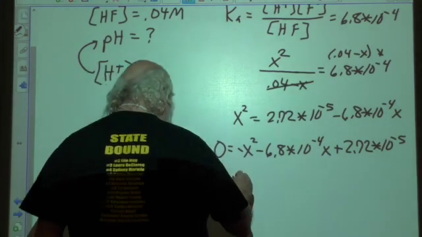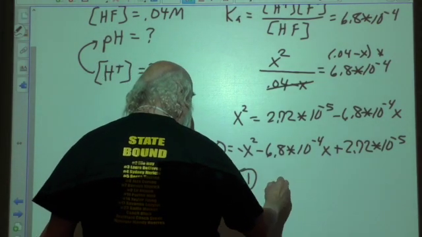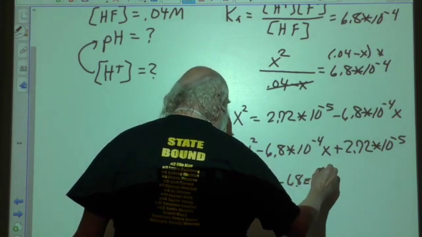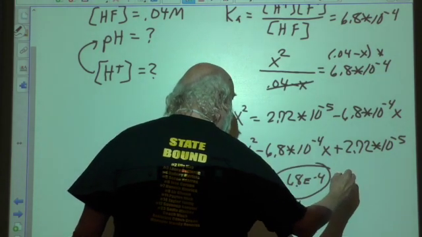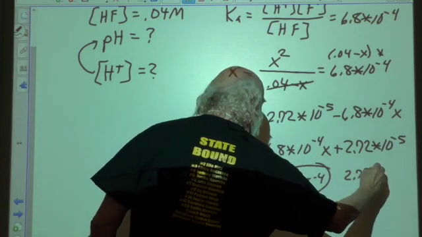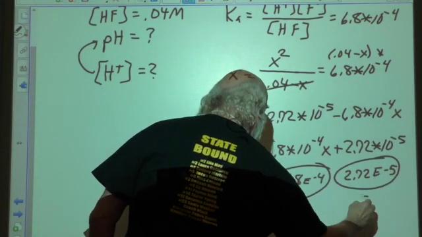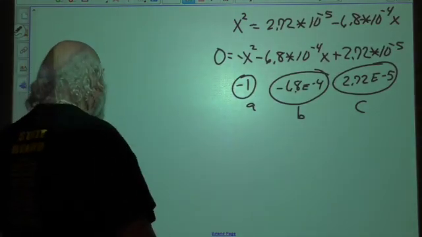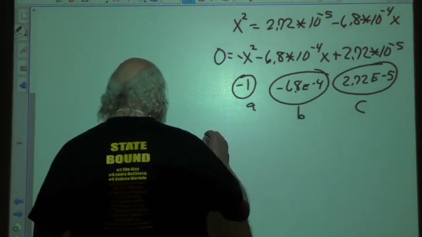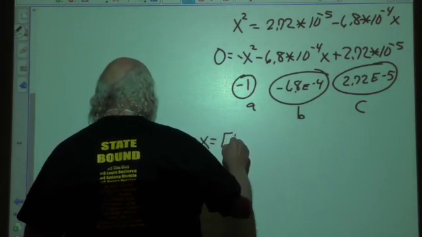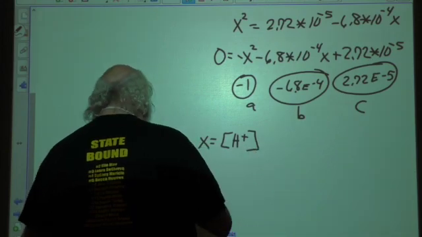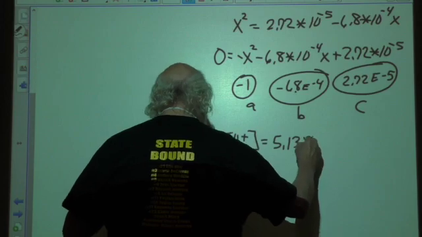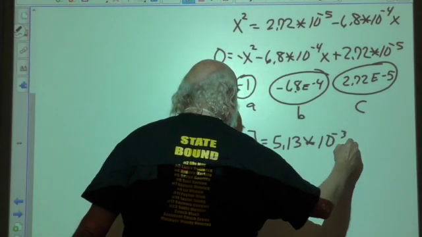So that means negative 1 is my A, negative 6.8 E negative 4 is my B, and 2.72 E negative 5 is my C. See what I mean? And plug all that into quad form, punch it out, you get an answer for X, which is our hydrogen ion concentration, coincidentally enough. 5.13 times 10 to the negative 3rd moles per liter.